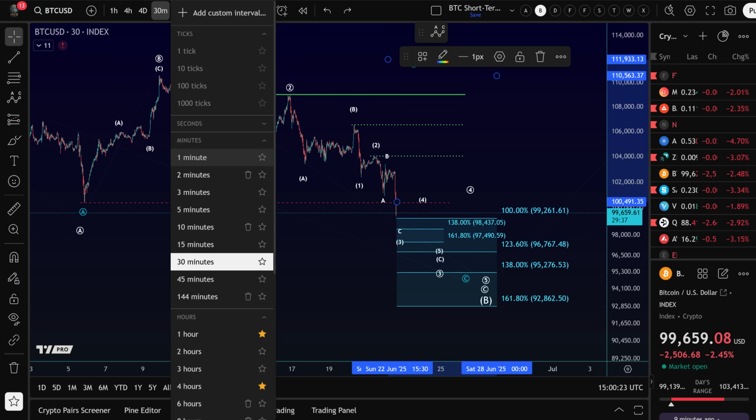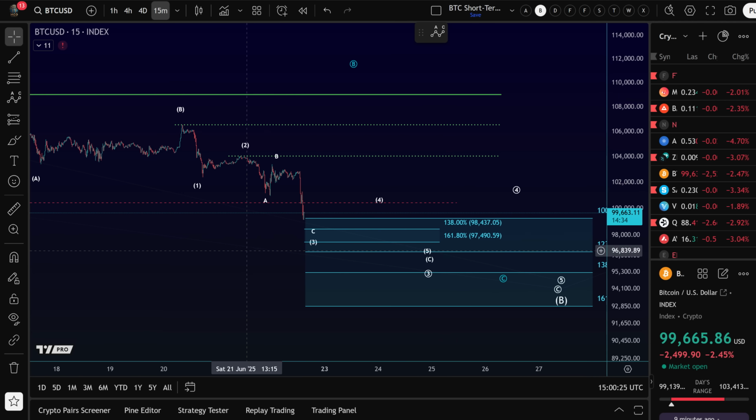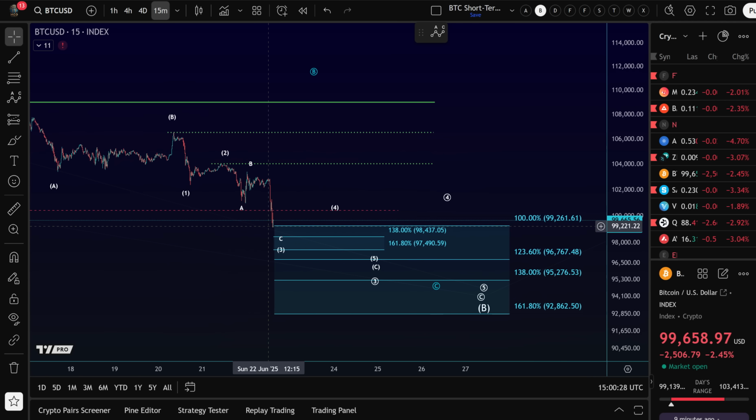Let's go to the 15-minute chart. Look at the nanostructures. Small reaction here now, no surprise given that we've reached the 100% extension. That's an important level, but I'm not yet watching for a full-scale upside reversal because we have not yet completed the microstructure.